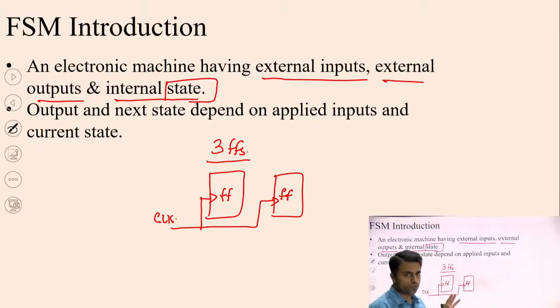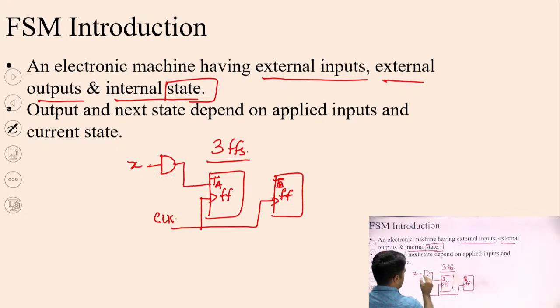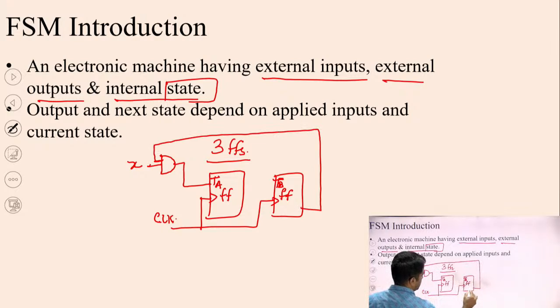So, let us suppose there are 2 flip-flops, and let us suppose they are T flip-flops, TA and TB. Let us suppose TA is getting input from the external input X through an AND gate, which is also connected to QB bar.